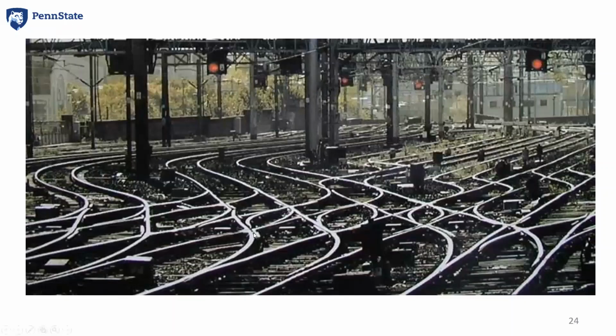It helped the economic growth in Pennsylvania, and not only in Pennsylvania but in the whole country and the whole world, to transport goods and people. So this is the first one.